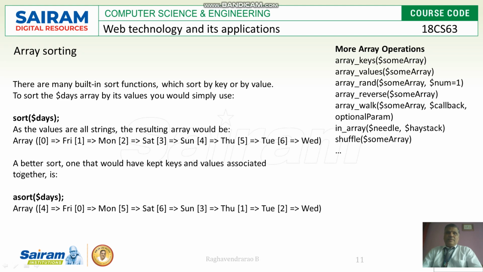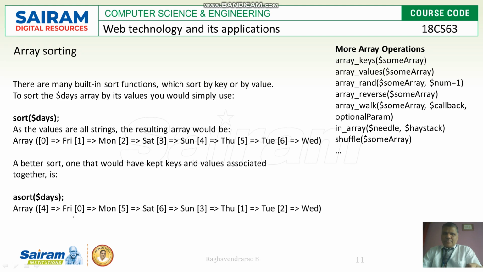Better to sort the associated values together. Now here you can do it in ascending order format. I want to do it like that, so asort is what we will use.